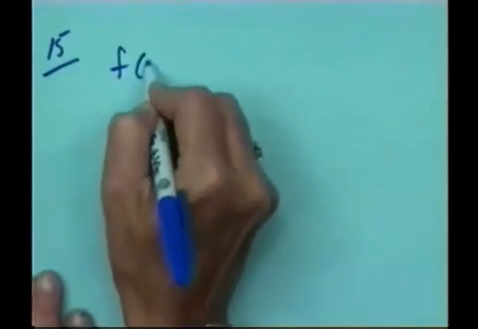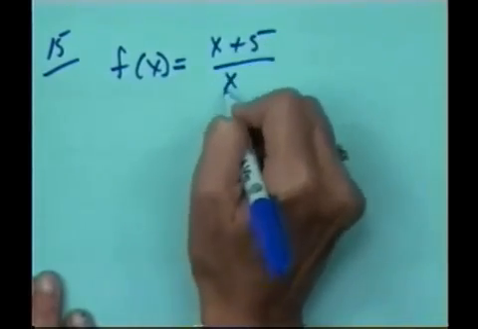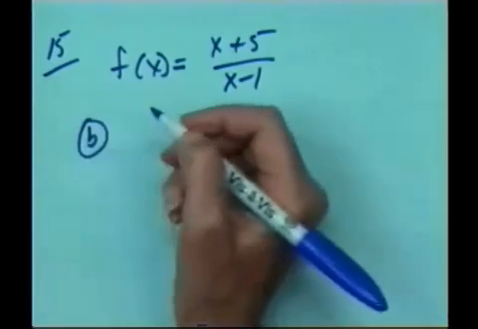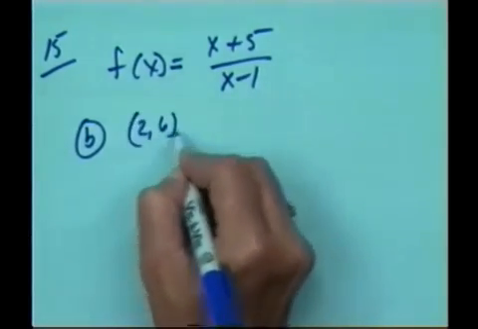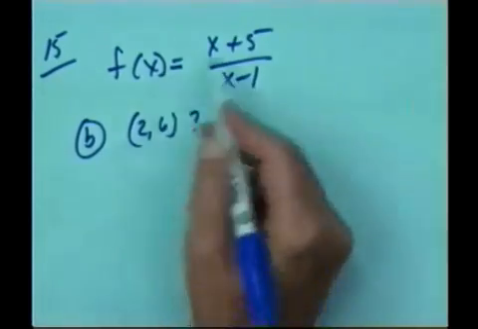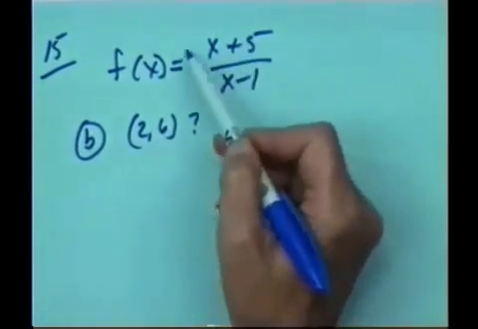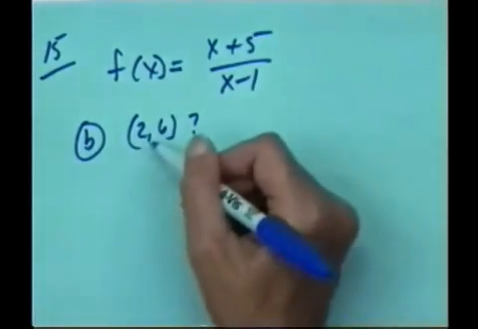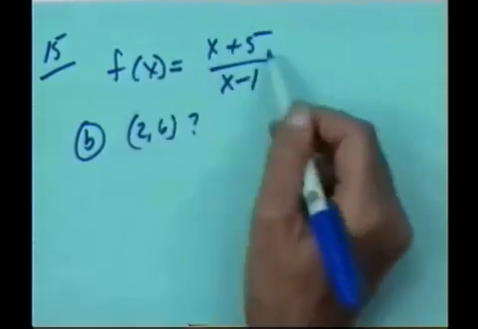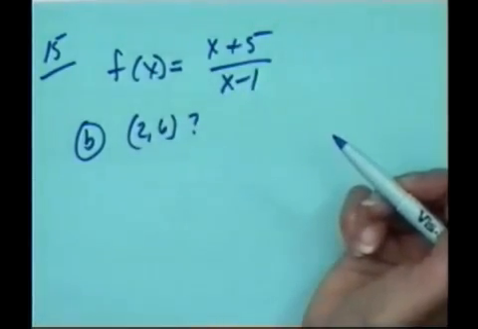All right. f of x equals x plus 5 over x minus 1. You had a question about B. B says, is the point 2, 6 on the graph of this function? All right, how do you tell if a point is on the function? If this point is on the graph of this function, shouldn't you be able to substitute it in and get a true statement?